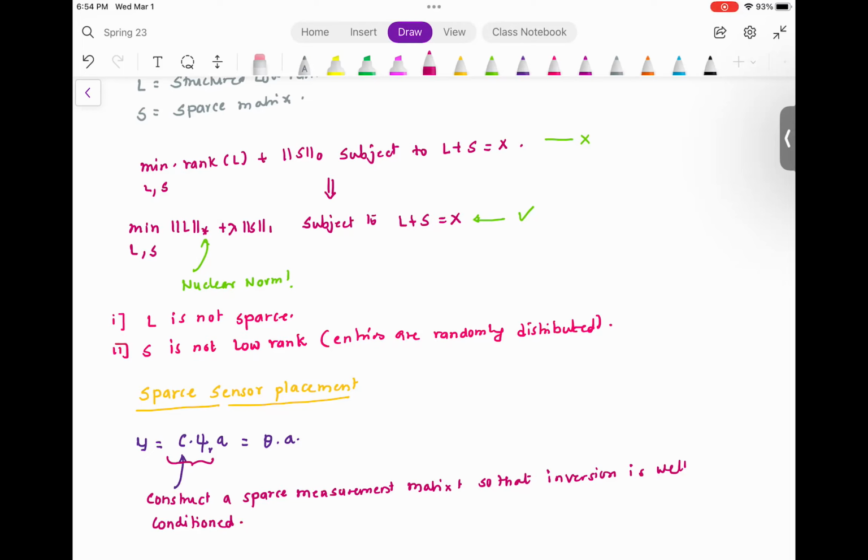And this is basically the application of sparsity and sparse signal processing.